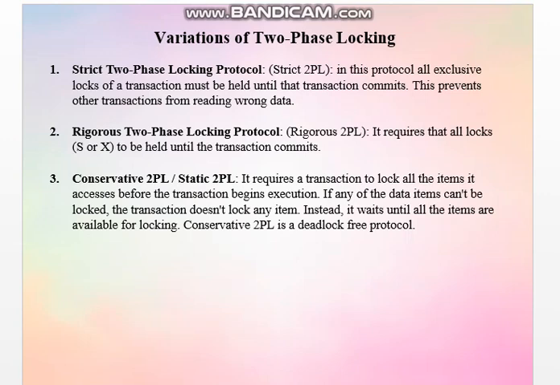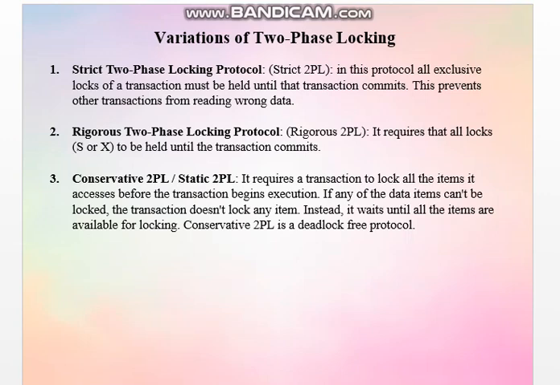Now the third variation of the two-phase locking protocol is the conservative or static two-phase locking protocol. It requires the transaction to lock all the data items it needs before the transaction begins its execution. Sometimes, when the transaction is executing, it may acquire some of the data items but require some more data items which are used by another transaction.